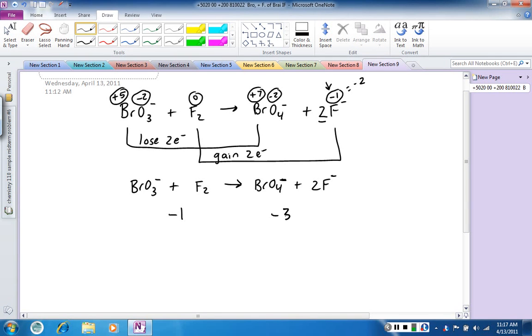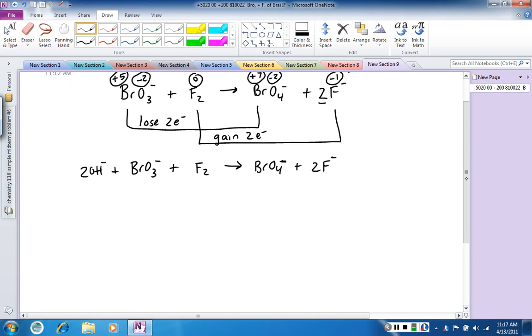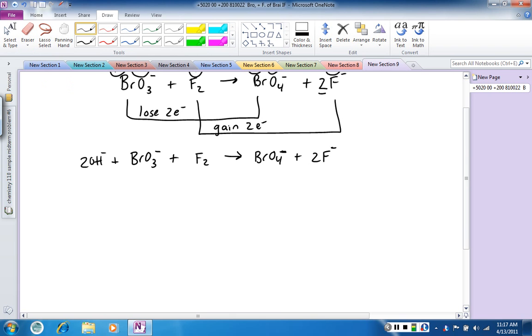So how are we going to balance the charge? We're going to add 2 OH minuses to our left side. That is going to balance out -3 and -3 for our charges. Once you balance your charges with basic reactions, you want to balance your O's with H2O.